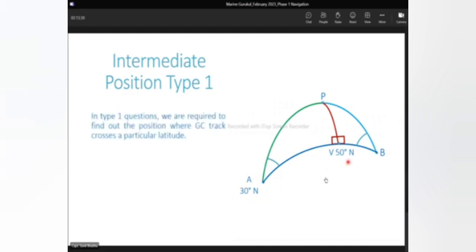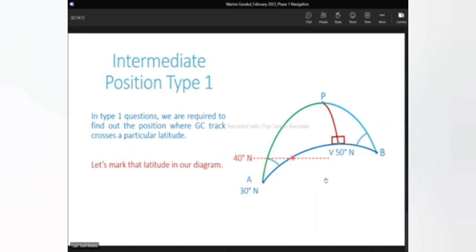So in this type of question, they ask us to find out the position where the great circle track crosses a particular latitude. Let's assume that they want us to find out a position where the great circle track crosses 40 degree north parallel of latitude. So you can see this dotted line representing 40 degree north parallel of latitude, and it crosses the great circle track at this particular location.